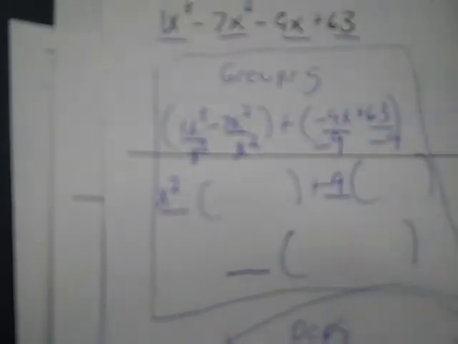Okay, 9 and 63. Okay, so let's see what we got for 9, and so let's find a row with 9 first. Here's 9 is 63. Yep, there's 63, so 9. Okay, and I pull out x to the second, and I pull out negative 9.